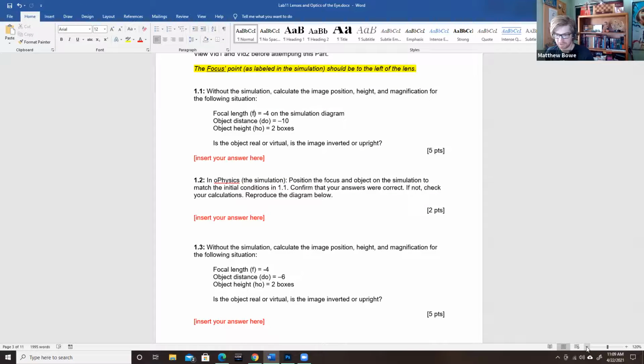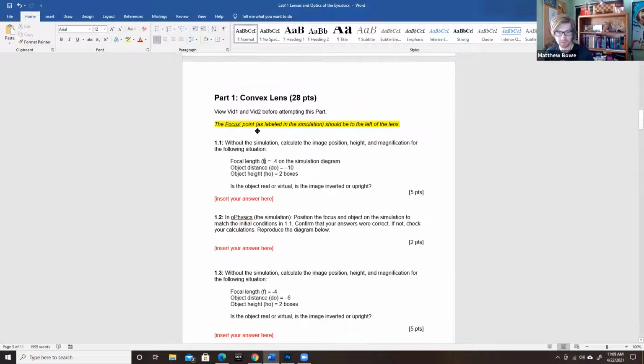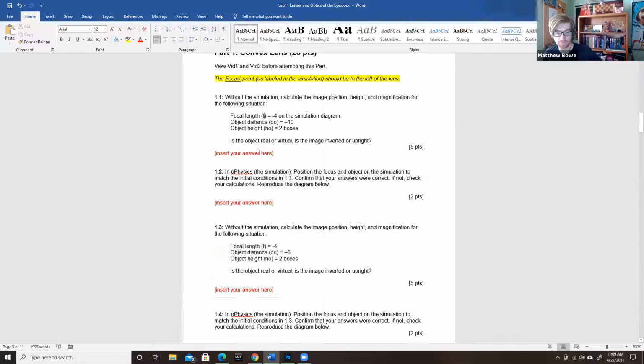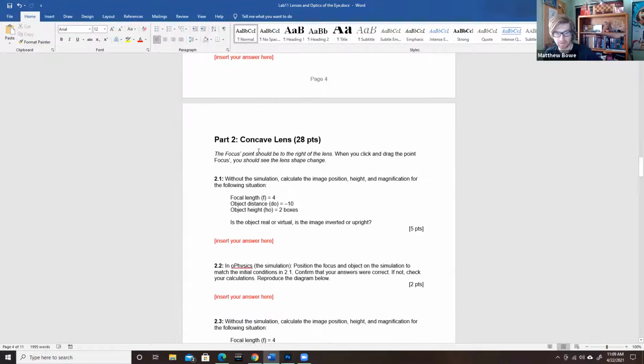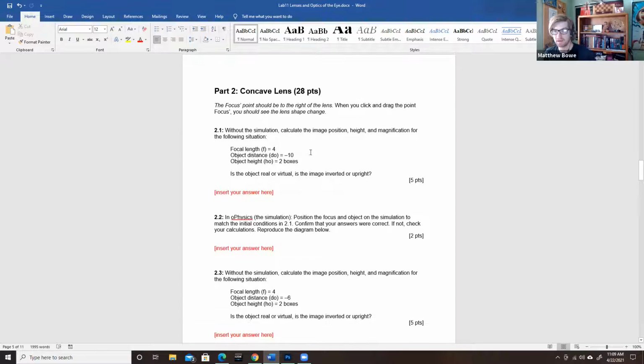So for this one, we're doing just convex lenses, lenses that look like that oval shape. Then we're going to go down to concave lenses. And again, I maybe could have highlighted this top bit right up here, so you could do that yourself. Highlight this. The focus prime should be on the right of the lens.